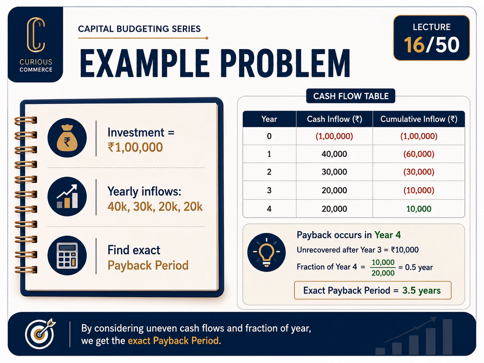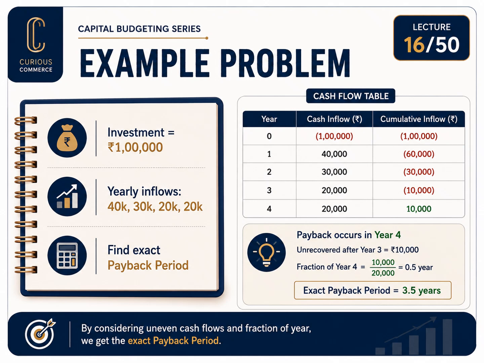Now, let us solve one complete problem step by step. The investment related to the project is 1 lakh rupees. Yearly cash inflows are 40,000 rupees, 30,000 rupees, 20,000 rupees, once again 20,000 rupees from 1 year to fourth year respectively.